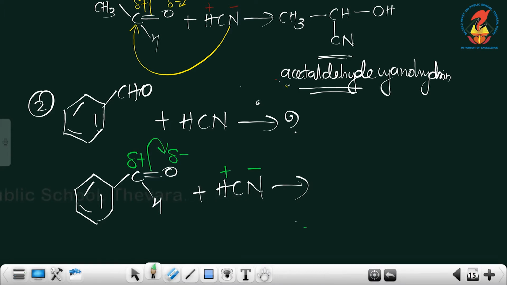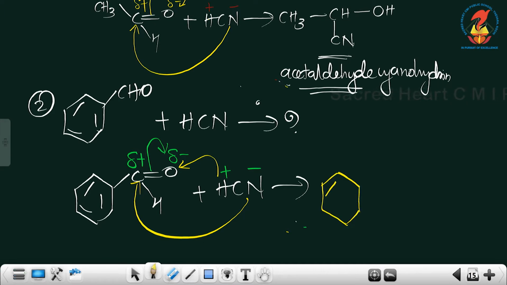So H plus will be attached to the negative center, that is oxygen, and CN minus will be attached to the positive center, that is the carbonyl carbon. Now see this molecule and write the product. Benzene ring, there is no change. The single bond also has no change. The C single bond H we can write as CH, isn't it?